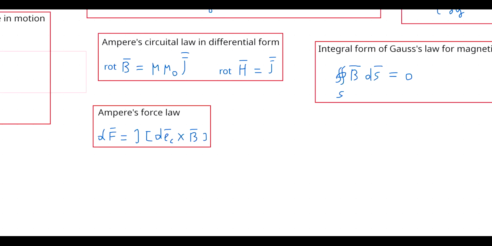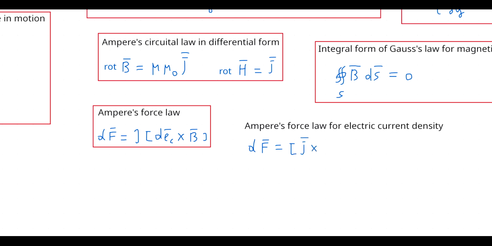So Ampere's force law for electric current density will be dF equal to the electric current density J multiplied by B and multiplied by dV.